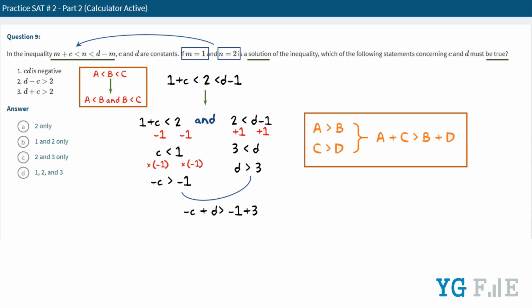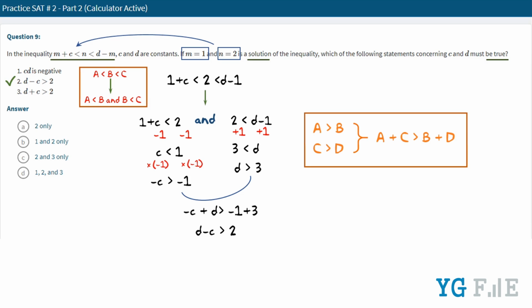And minus c plus d is equal to d minus c, and minus 1 plus 3 is 2. So now we have d minus c is greater than 2. And here we have shown that the second statement is true.